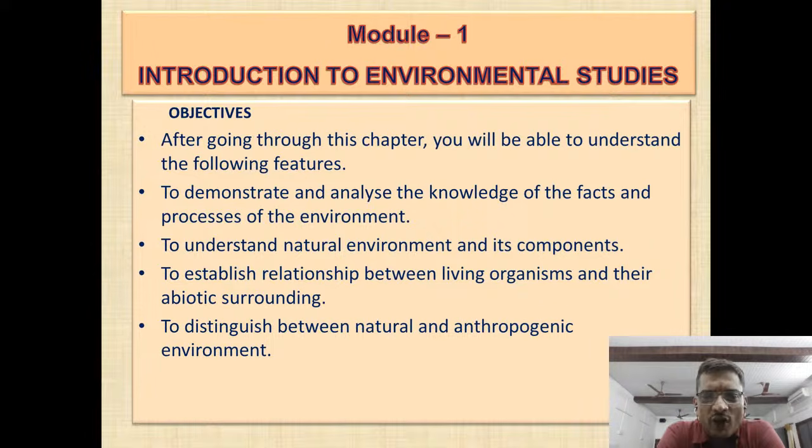If we talk about the types of environment, there are two types: the natural environment and the anthropogenic environment. Dear students, the natural environment, the word itself is self-explanatory. The natural environment is made by nature, sustained by nature naturally, without any human intervention.